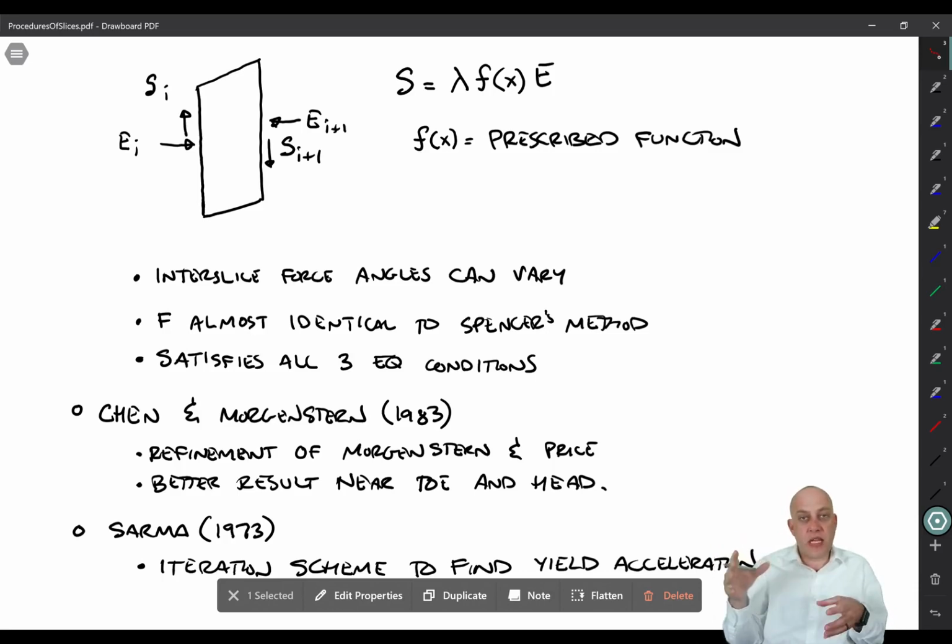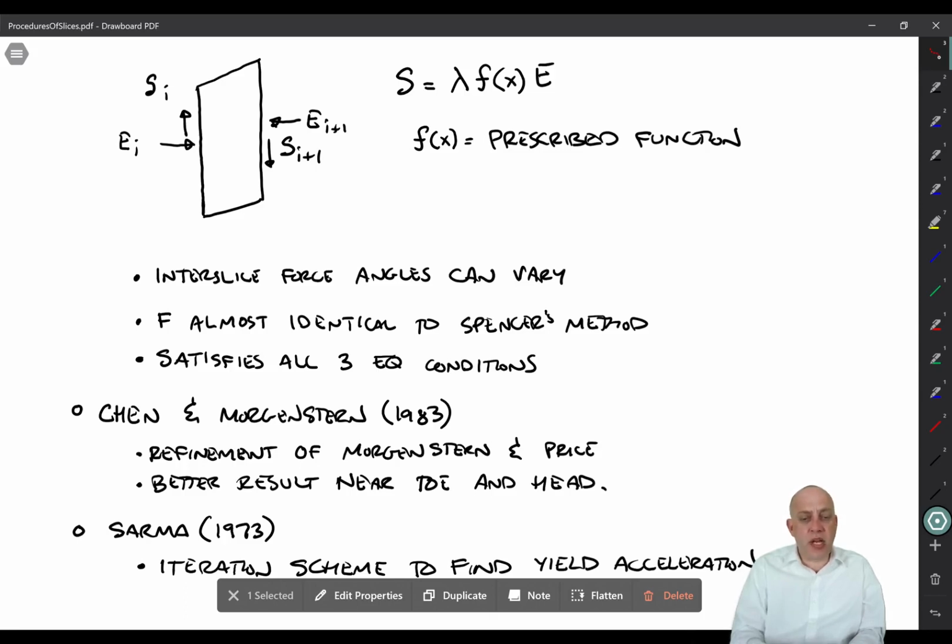Maybe the slope is stable, so the factor of safety is higher than 1, but you add some amount of horizontal body force to it, and you can reduce the factor of safety to be equal to 1. And Sarma did just that. He came up with an iteration scheme that allows you to find that yield acceleration automatically. So it's kind of nice, and that's implemented in a lot of slope stability software packages.